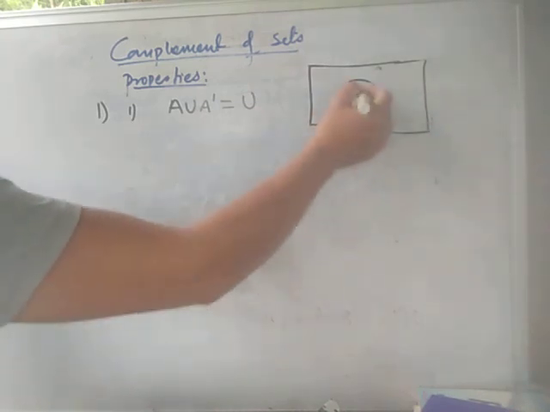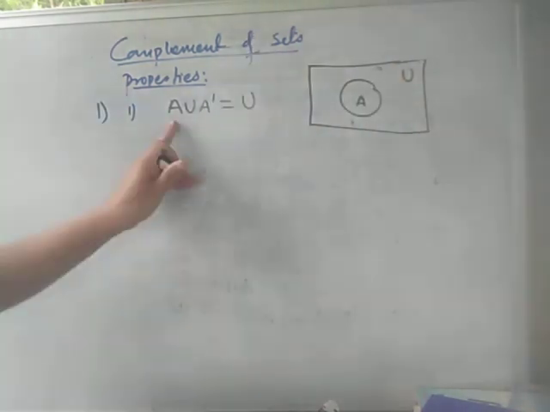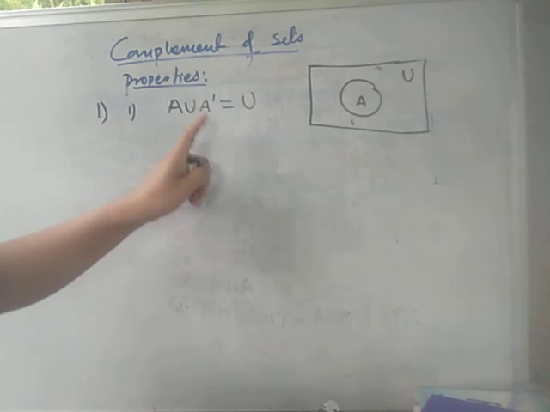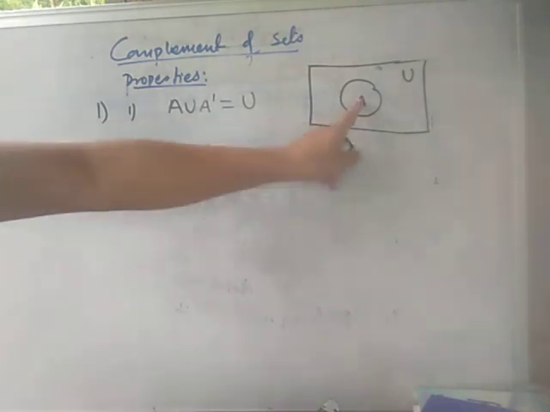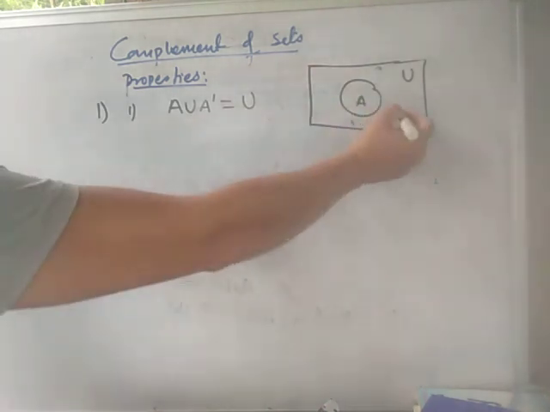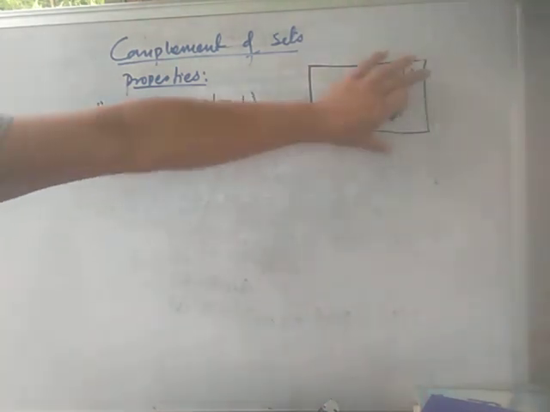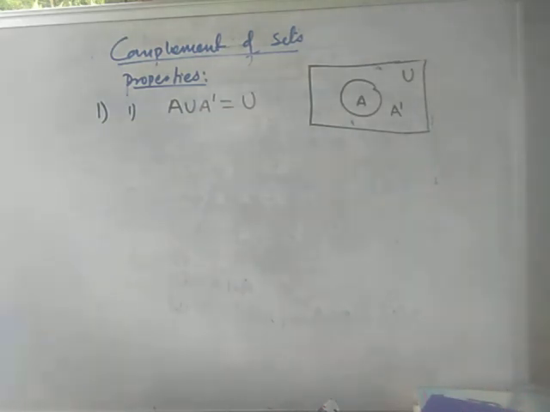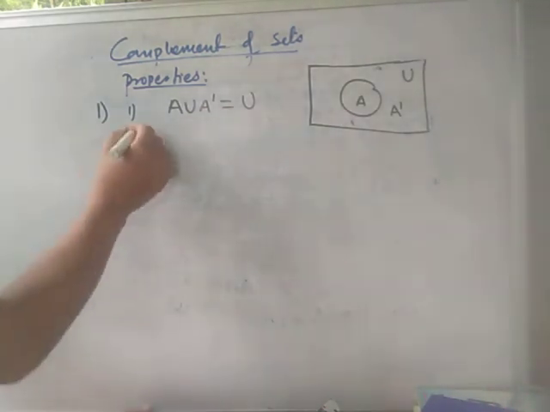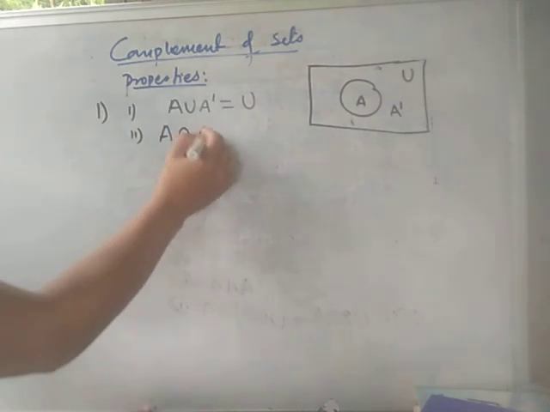See, this is your A and this is your U. So A union of A complement, this and this together make this, isn't it? Yes or no? This is your A complement, isn't it? So A union A complement, that is whole universal set. Clear? Next, second one is your A intersection of A dash. How much is it?